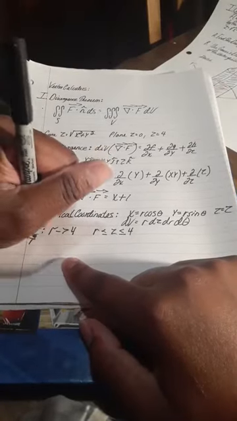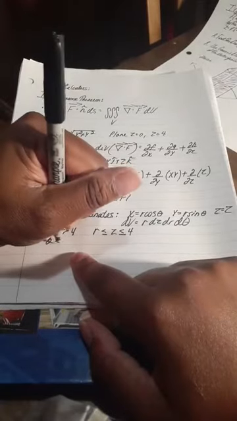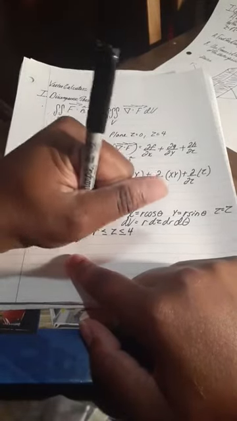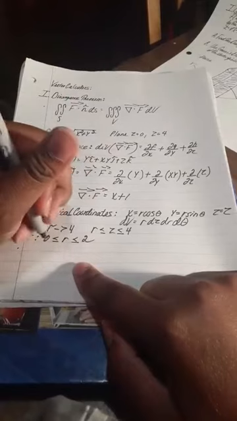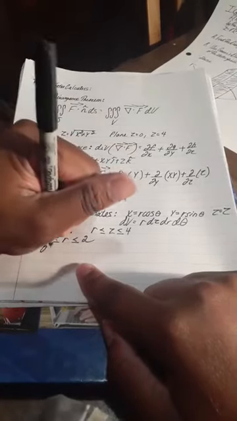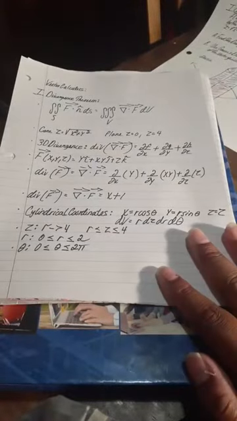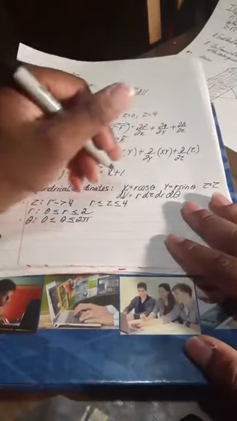For r, the range for that, again, will be from 0 to 2. And then the range for theta will be from 0 to 2 pi. So we'll need to convert the following into cylindrical coordinates. And that's what we need to do.